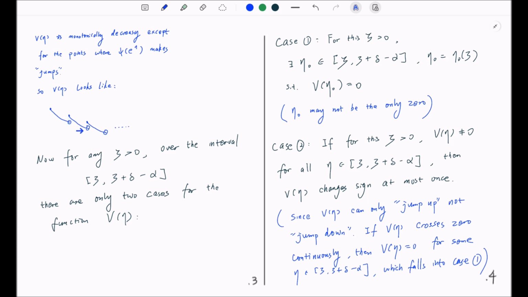And if it jumps up twice, then by the mean value theorem, in the middle, there must be a point where this v of eta hits 0. I hope this explanation makes sense. If not, please let me know in the comments. I will try to explain again to you.